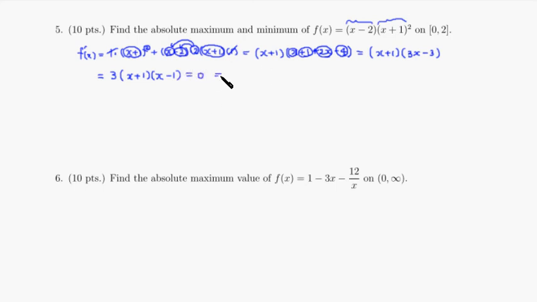So you can see that x is going to be negative 1 from here, and a positive 1 from there. So these are critical numbers.